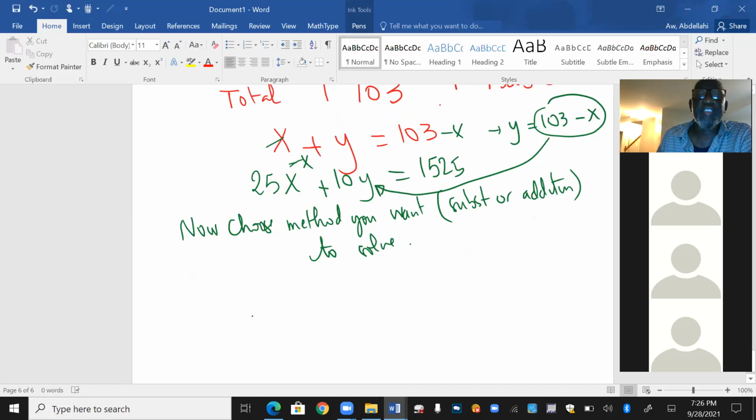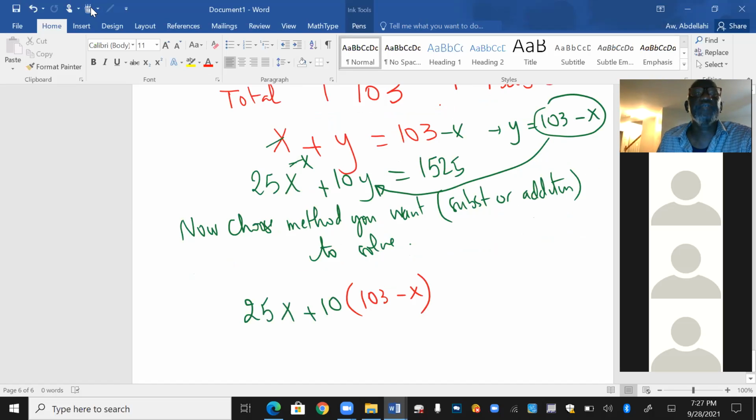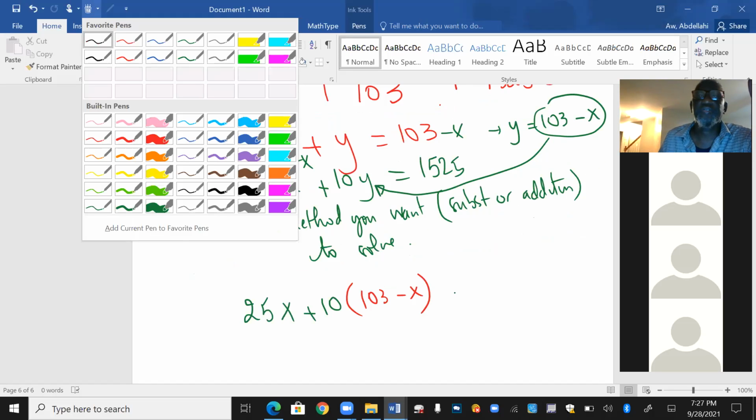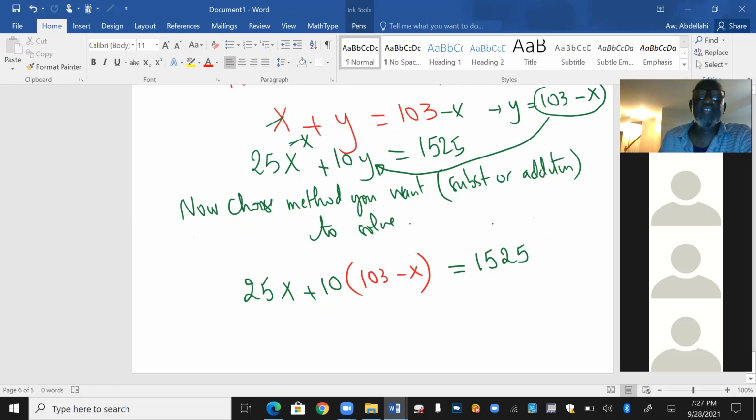It's going to be 25x plus 10 times (103 minus x) equals 1525, right? So we get 25x, then we distribute, which is 1030 minus 10x, equal to 1525.